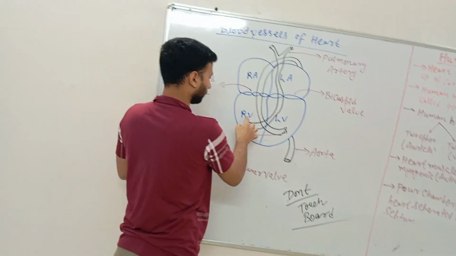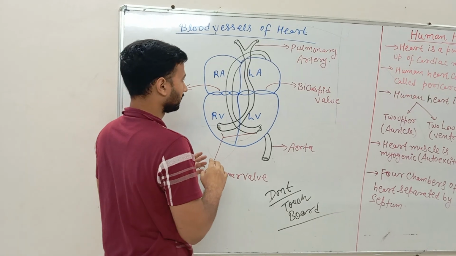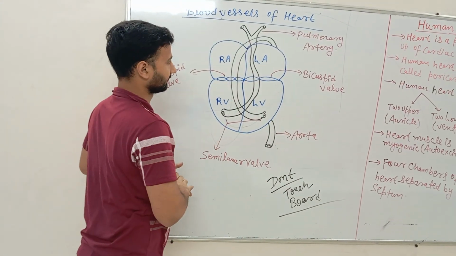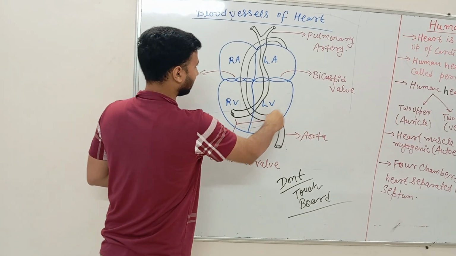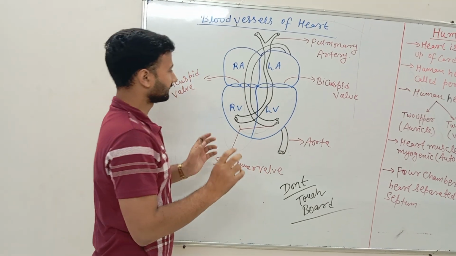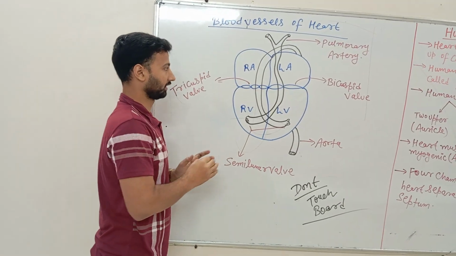This carries blood from right ventricle to alveoli, where the deoxygenated blood gets oxygenated, and oxygenated blood from the left side is pumped into the entire part of body through aorta. And there is septum and valves which control flow of blood in the heart.